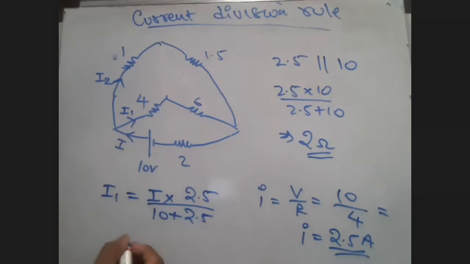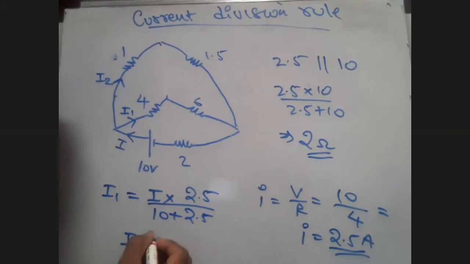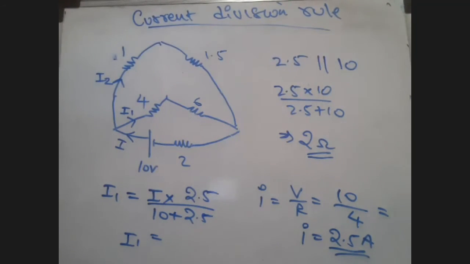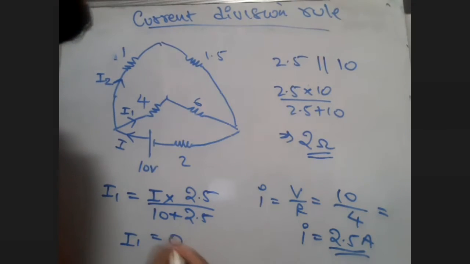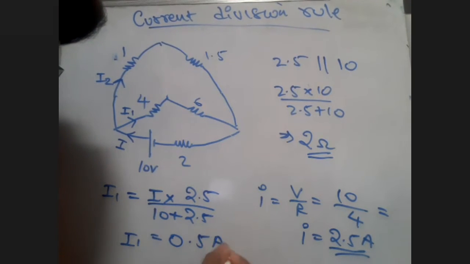What will be the current I1 equal to? Can you all tell me? I1 will be equal to, tell me everyone. 0.5, can I say it is 0.5? So 0.5 ampere. Okay, great.